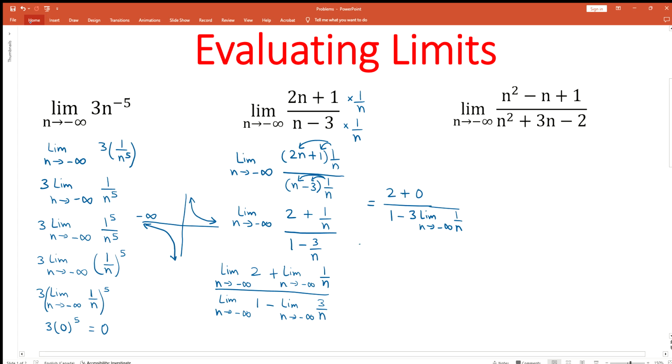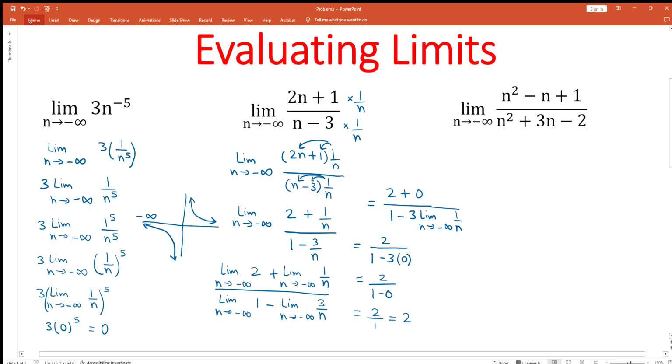In the numerator, 2 plus 0 is 2. Limit n approaches negative infinity for 1 over n is equal to 0. 3 times 0 is 0. I get 2. This should be the value of the second limit.